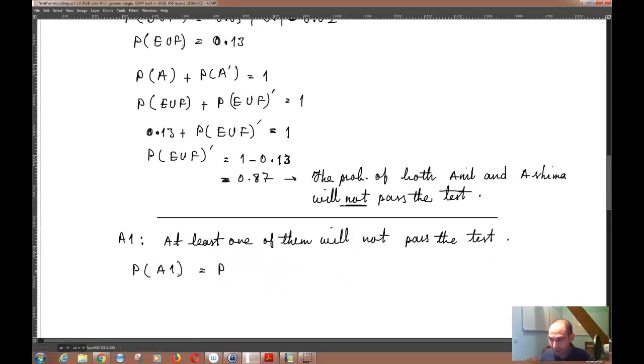and let me actually write another expression over here as well. Based on this event, I can define another event, which is both of them will qualify, both of them will pass the test.